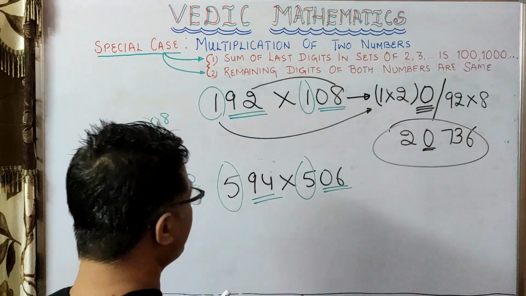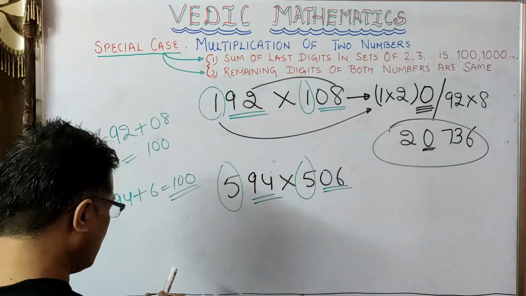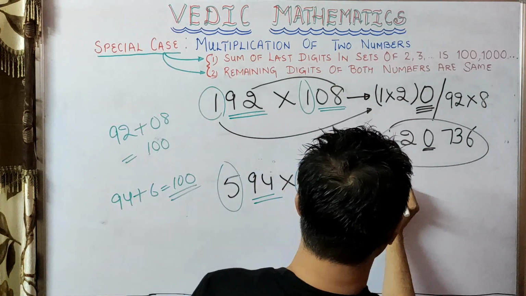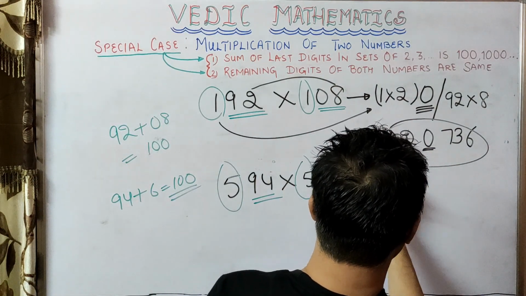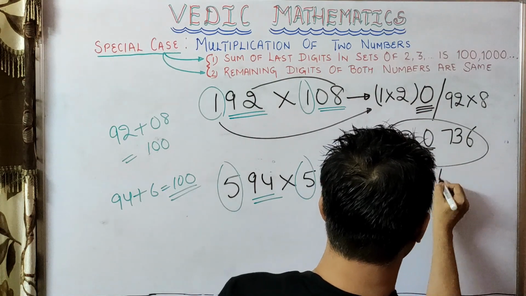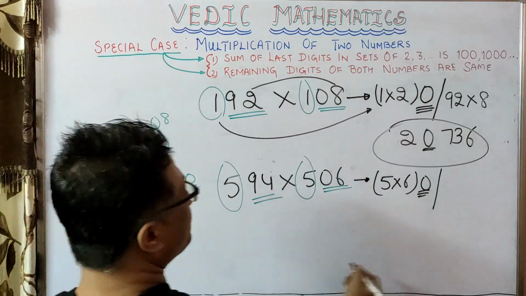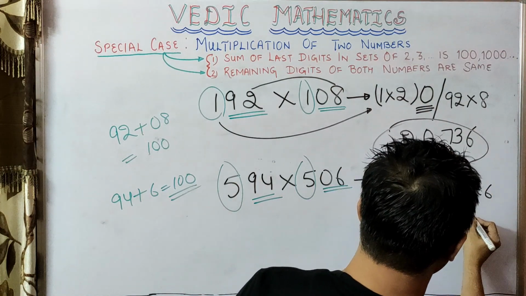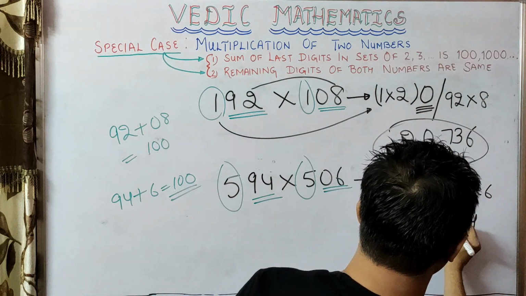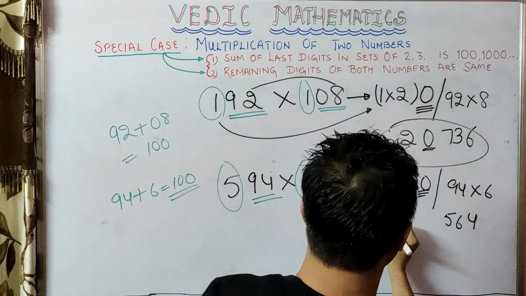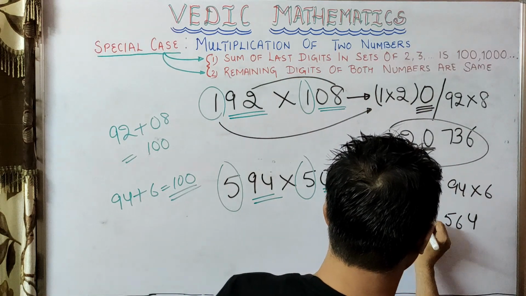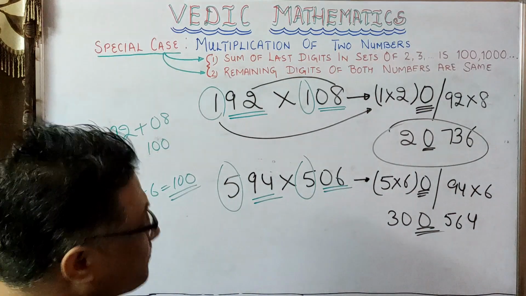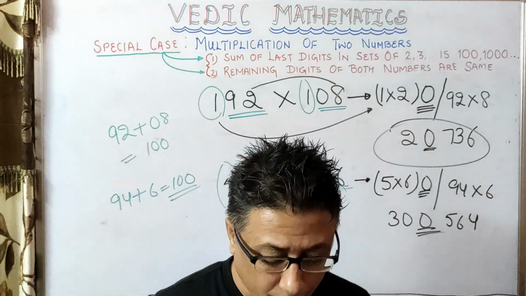So how do we calculate this now? Using the same logic, we'll have 5 multiplied by 6, and then we'll add an extra 0 in the first part of the answer. Second part of the answer will be 94 multiplied by 6. 6 fours are 24, 6 nines are 54, 56. So 6 fives are 30, and you retain this extra 0. This is your answer. Isn't that simple, easy, and quick to calculate?